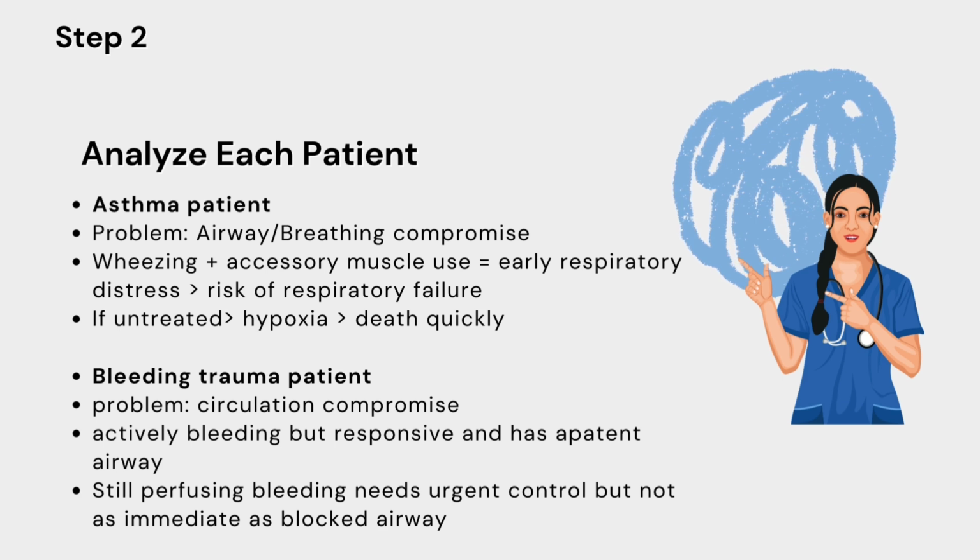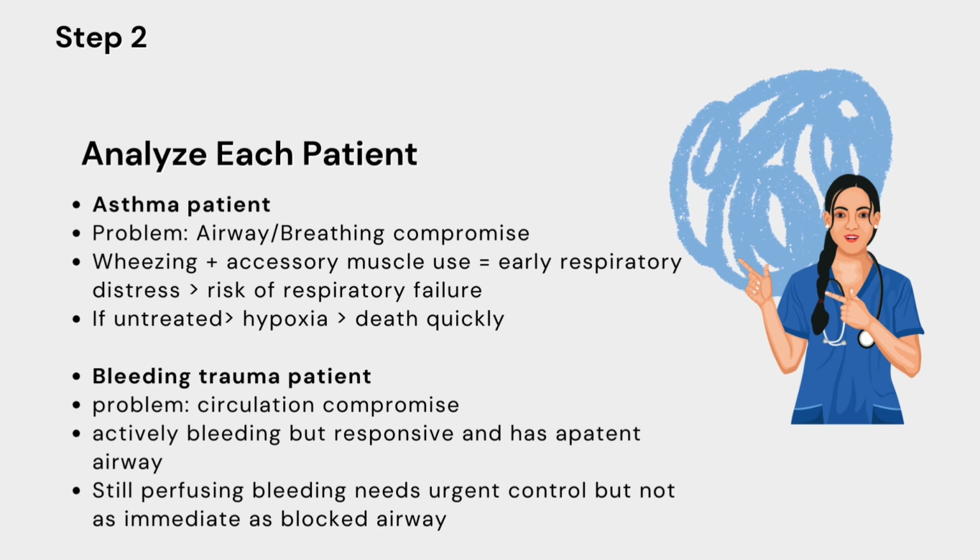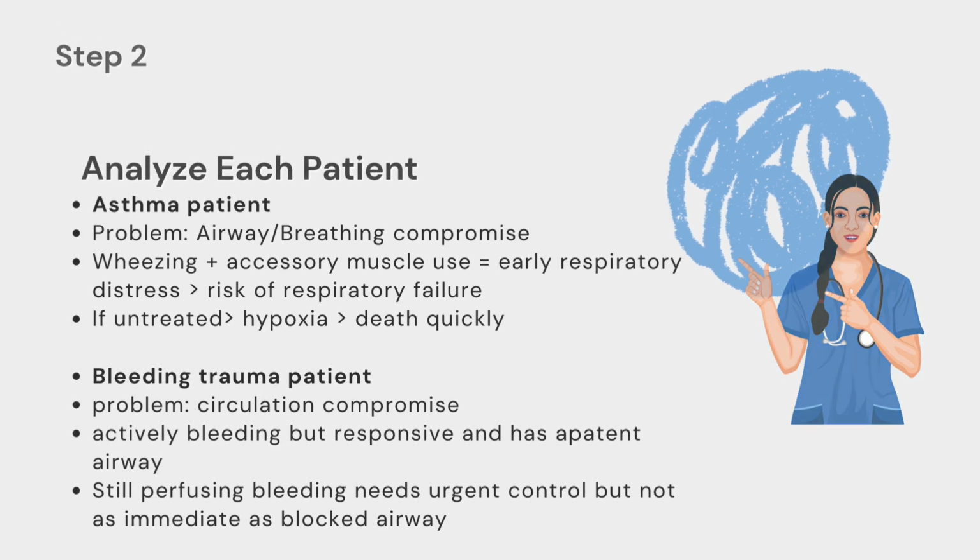So you have to look at, can this patient wait a little, or who cannot wait? Who can wait and who is not able to wait? These are the things that you think about when you're analyzing the patient.